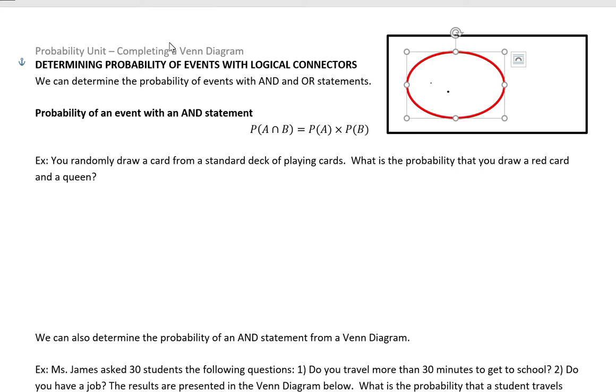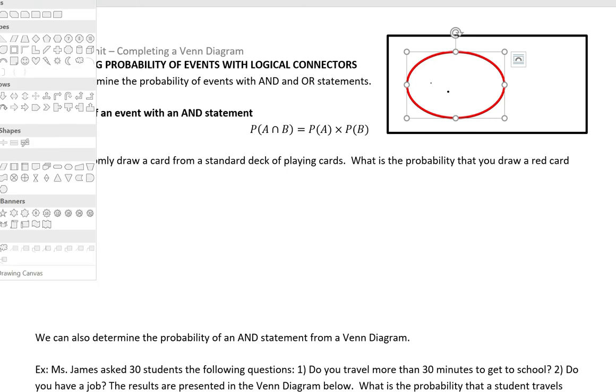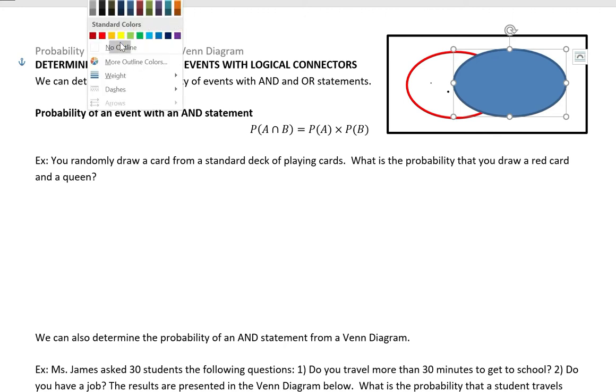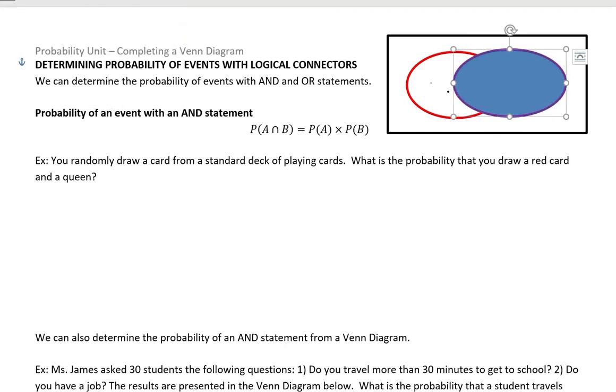Let's make it a red circle. And then let's make one more circle, maybe a bright purple circle, also with no fill. There we go. Perfect.